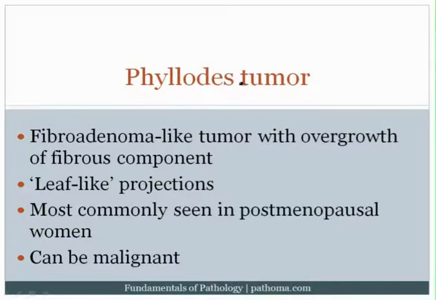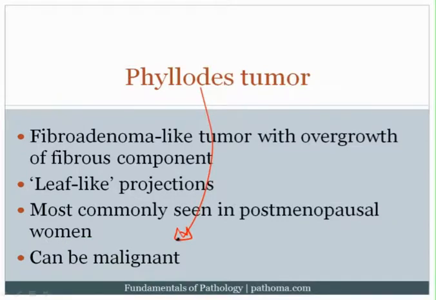Now I'd like to go back and remind you that when you have a fibroadenoma, that's usually a premenopausal woman. However, a phylloides tumor is more commonly seen in postmenopausal women. So women that are a little bit older than that of a fibroadenoma category. And another important thing about the phylloides tumor is that it can be malignant.